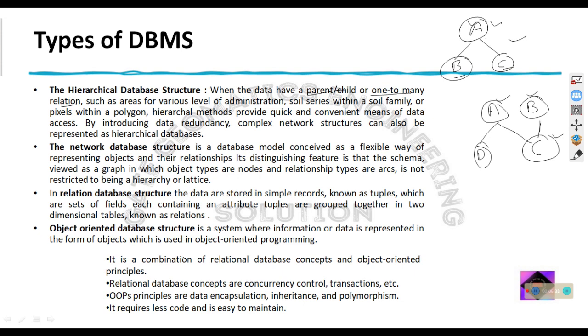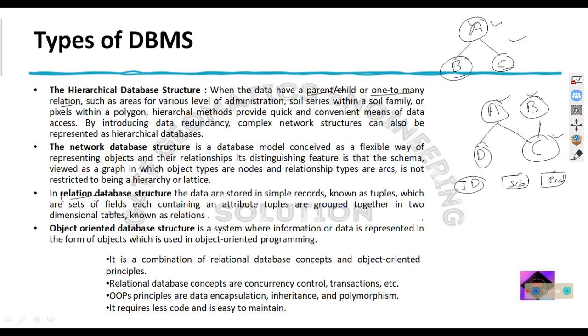Another one is the relational database structure. It is important because in a relational database structure there is one tuple, a row. One tuple represents a particular ID. Suppose this is the ID of a student, this is the subject taken by the student, and there is the professor who is taking those subjects.